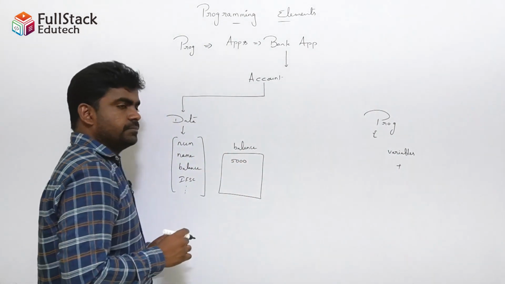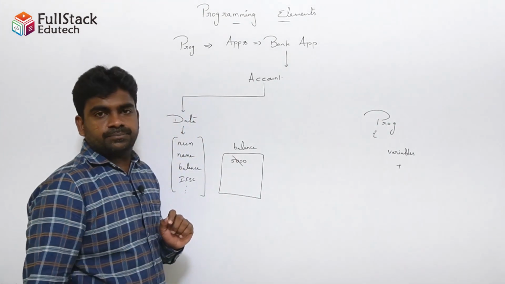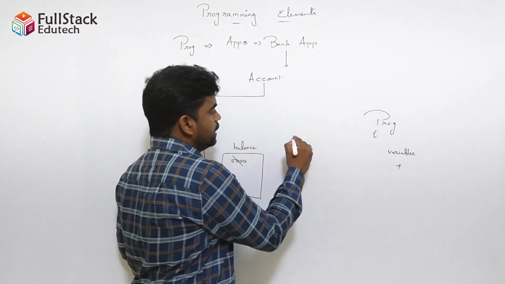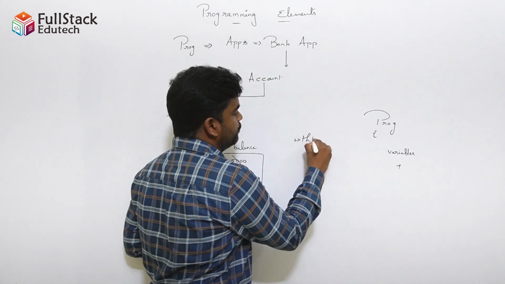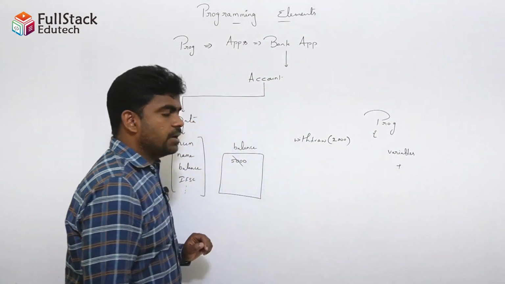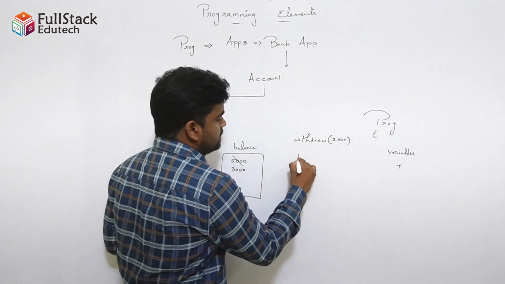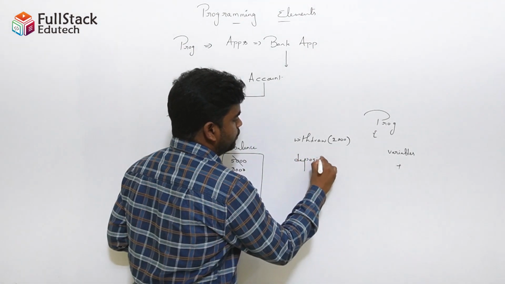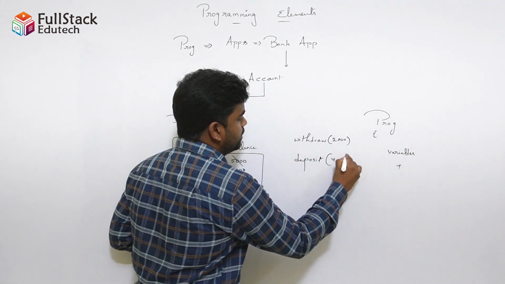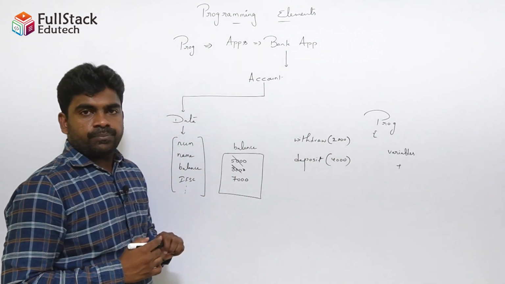Consider 5000. When will the balance change? If you perform a withdraw operation, say I withdraw 2000, then it will become 3000. If I deposit some amount, say 4000 rupees, then it will become 7000.